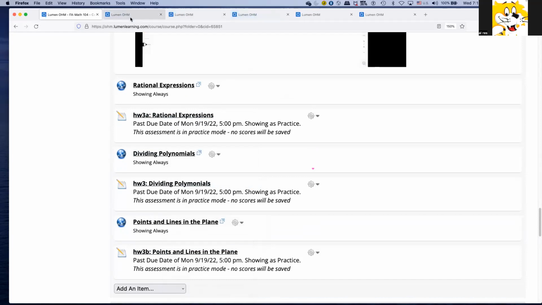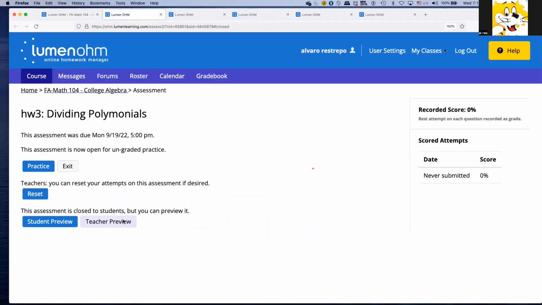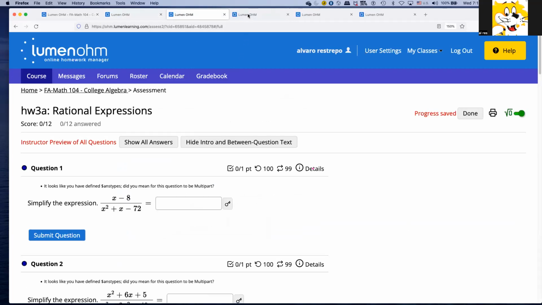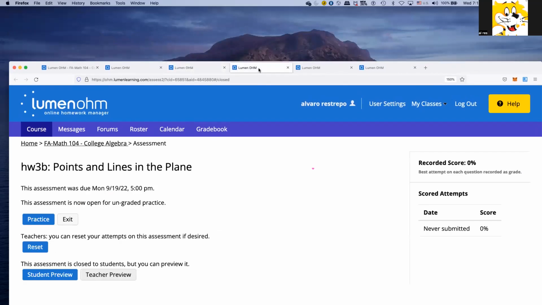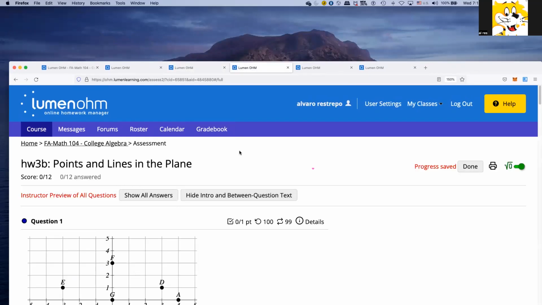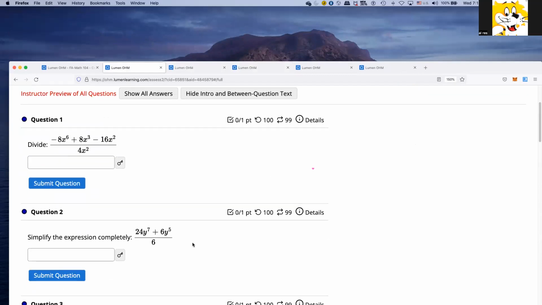You open them up. So this is 3. You open 3A. Oops. Open 3B. So in 3A, this is division.